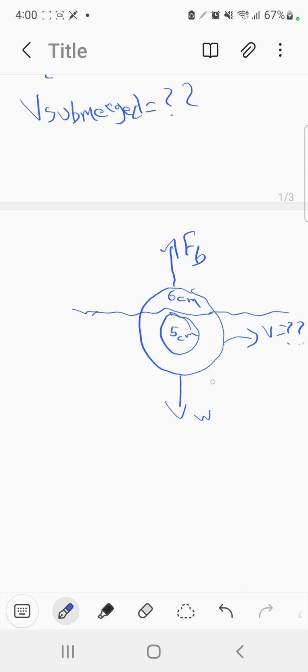So how to solve this one? First of all, we need to find the total volume of this object from the inner and outer shell. Then we can find the mass of this object from the volume. So let's see now.